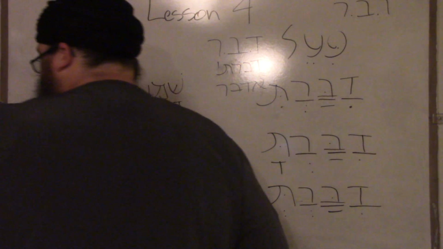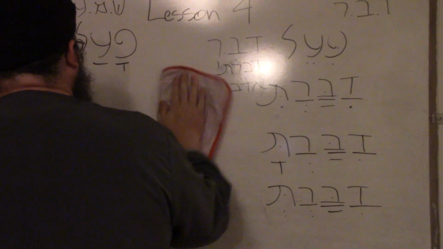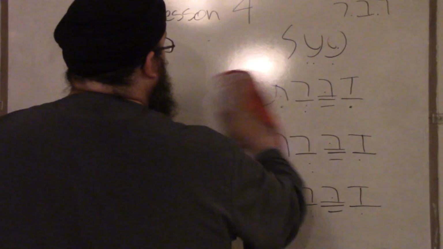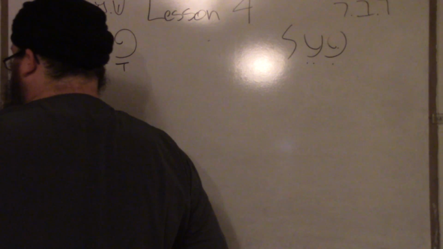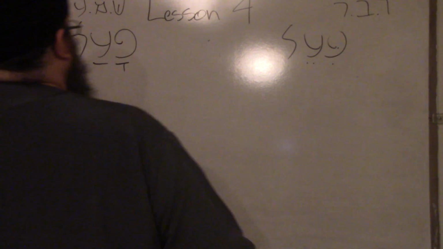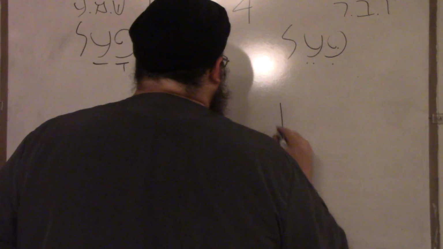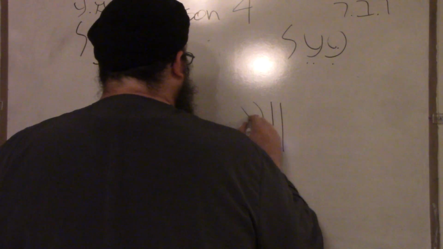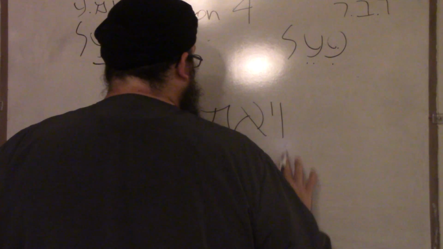Okay? And the second thing you're going to find here is going to be asking you how to identify something that has a prefix vav to it. Which means we're looking at the vav, like vayomer, all right?